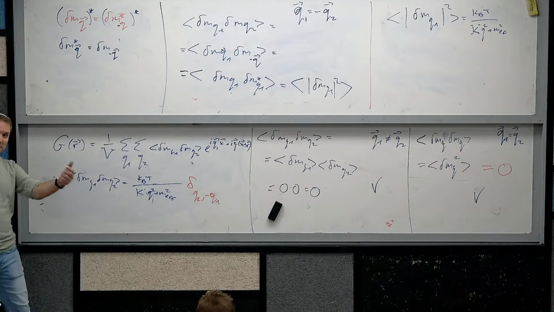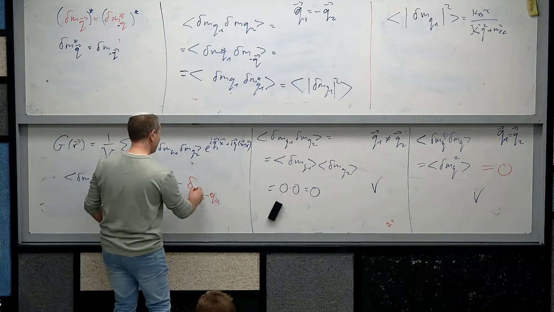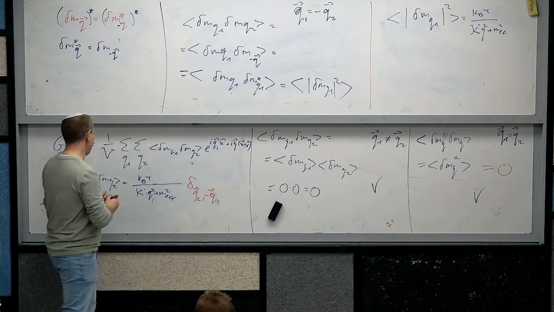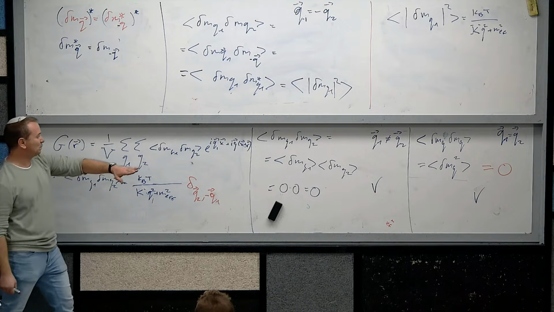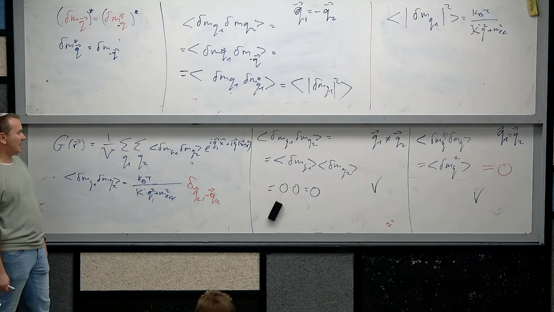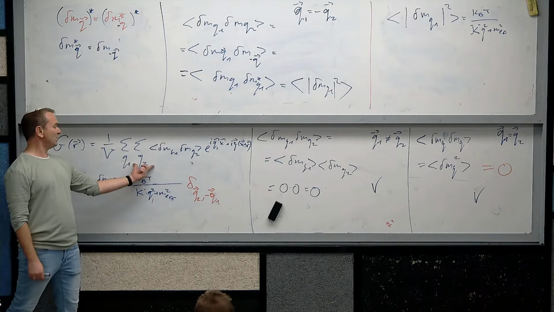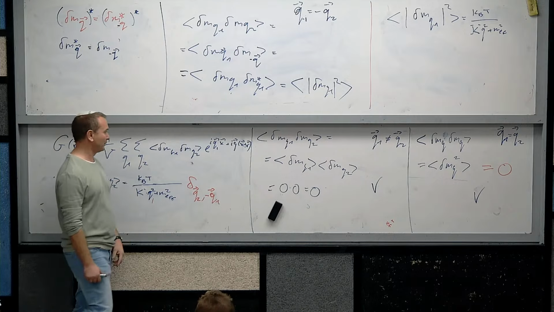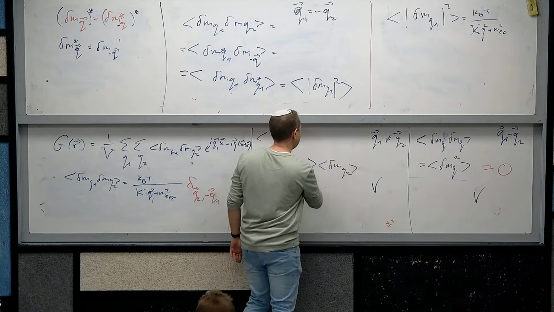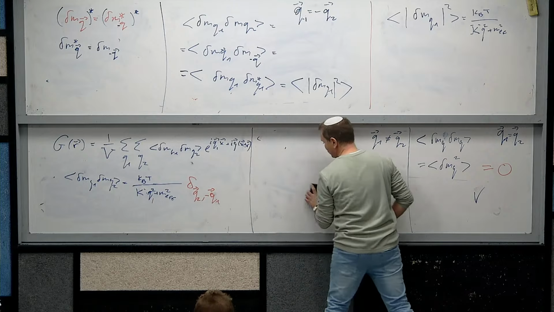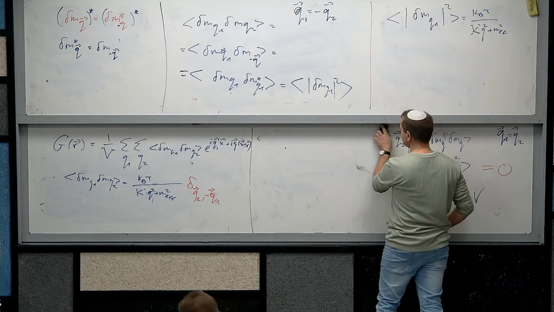Only a very specific Q2 contributes. That's it. Now, you plug it inside, and it kills the summation over Q2.